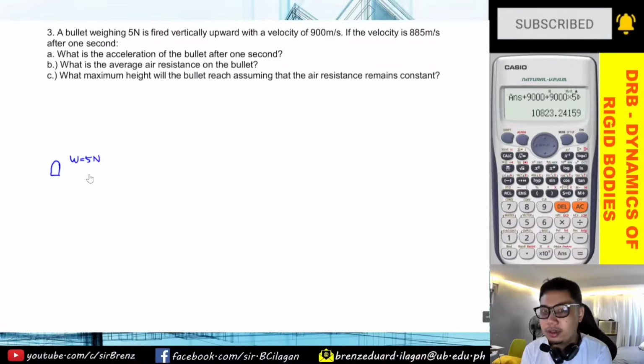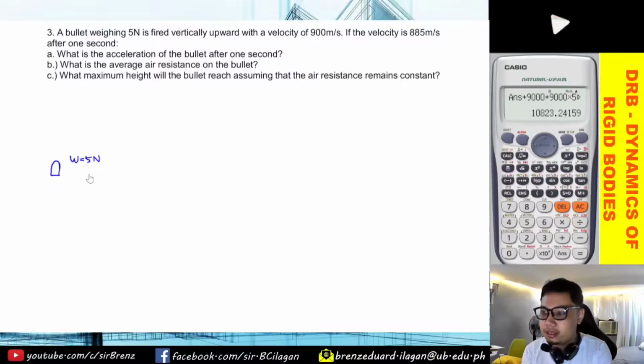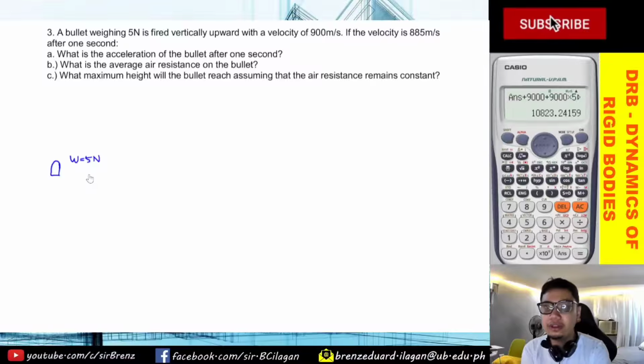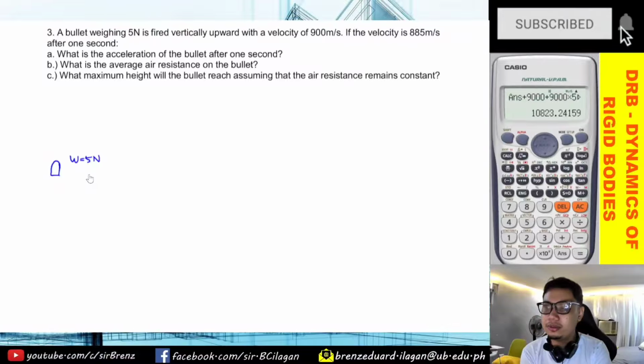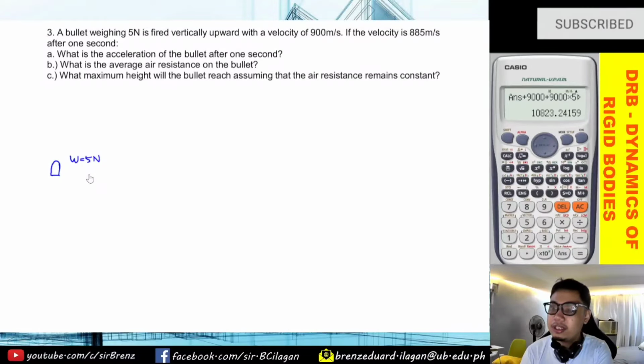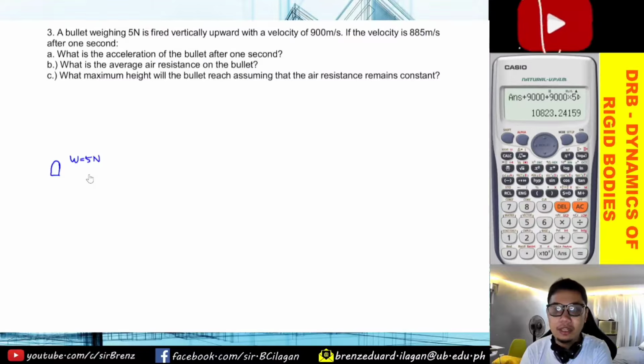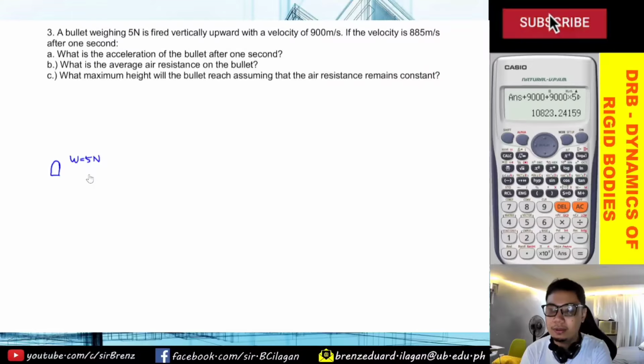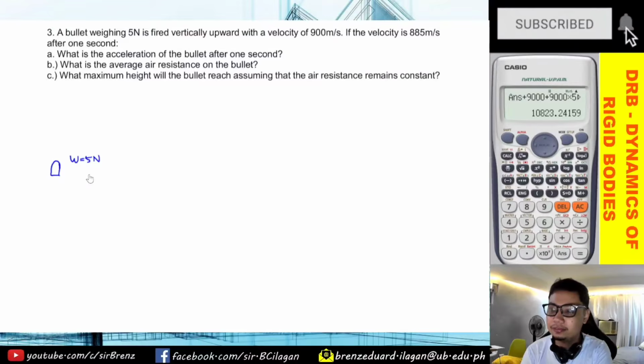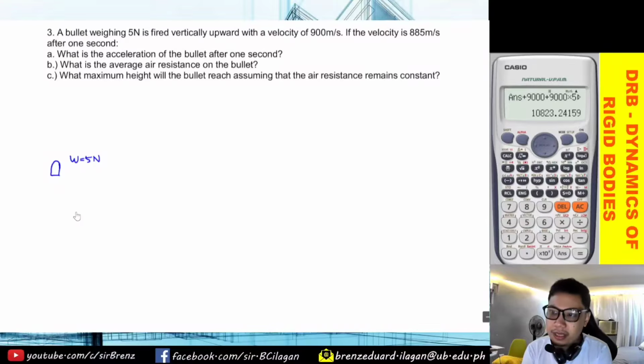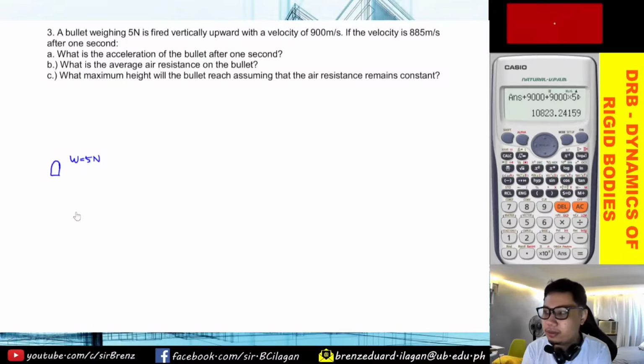Another thing, guys, is how you know if a problem falls under kinetics: the weight or mass of the bullet is given. If you think about it, this problem could also be classified as a kinematics problem. But since a weight is given, and before we did not use the weight of the object or particle we are analyzing, now it is given. Okay? So I think this problem is similar to the previous one.